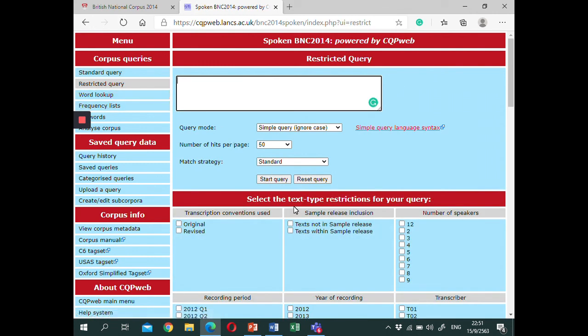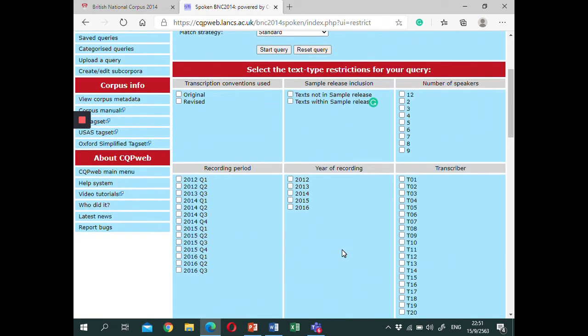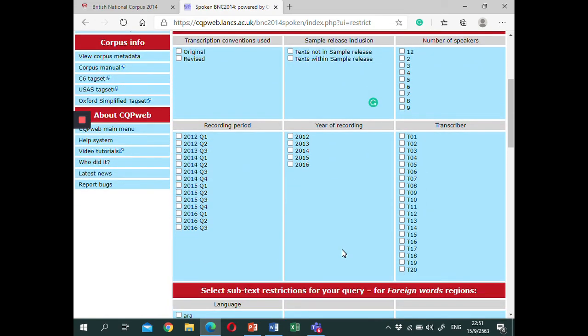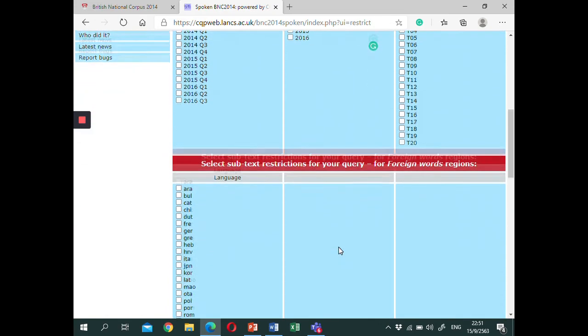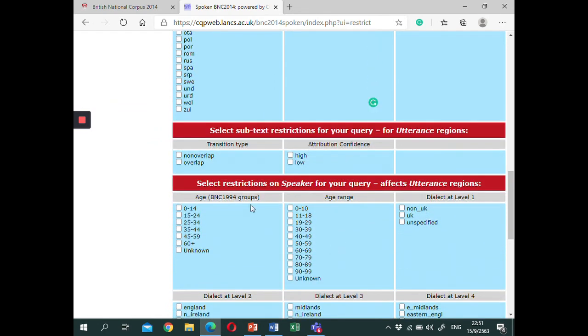Now there are various kinds of restriction you can make, but today our focus is on variables related to speaker social identity. These are in the section titled Select Restrictions on Speaker for your query, right here. In this section, you can restrict the age range and many other variables.